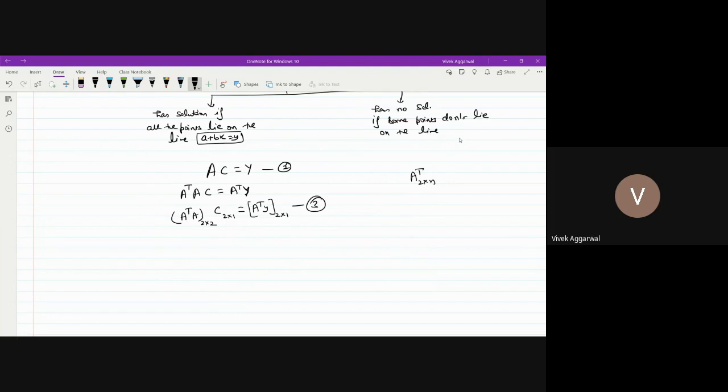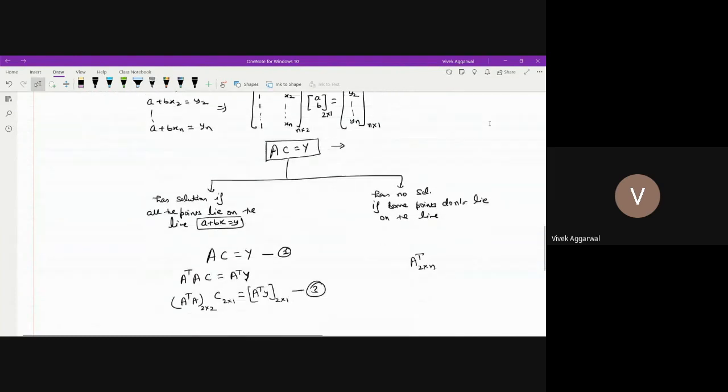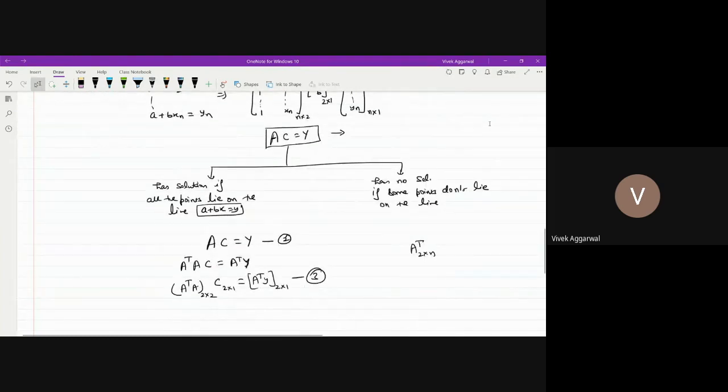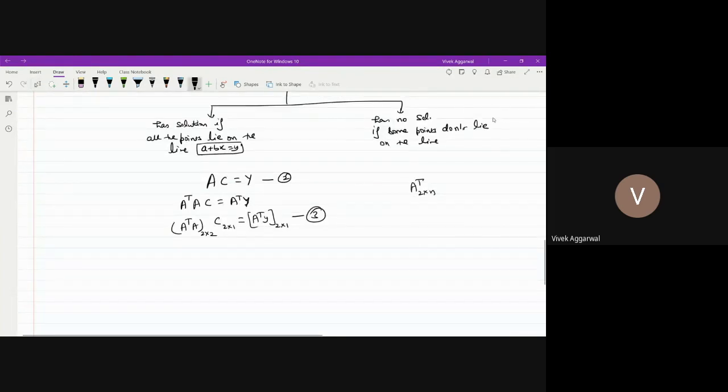Now, the matrix A is given to me, with rows 1 and xi. So as in the previous lecture, my A transpose matrix will be a row of ones, 1 1 1 1, and the row x1 x2 x3 up to xn.